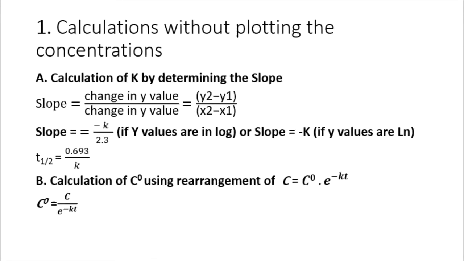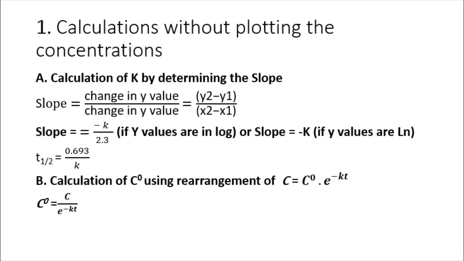Okay. Also, we can do calculations without plotting the concentrations. In this case, we calculate the elimination rate constant by determining the slope. We still need at least 2 points of plasma concentrations to be able to calculate elimination rate constant and half-life, as well as the volume of distribution.